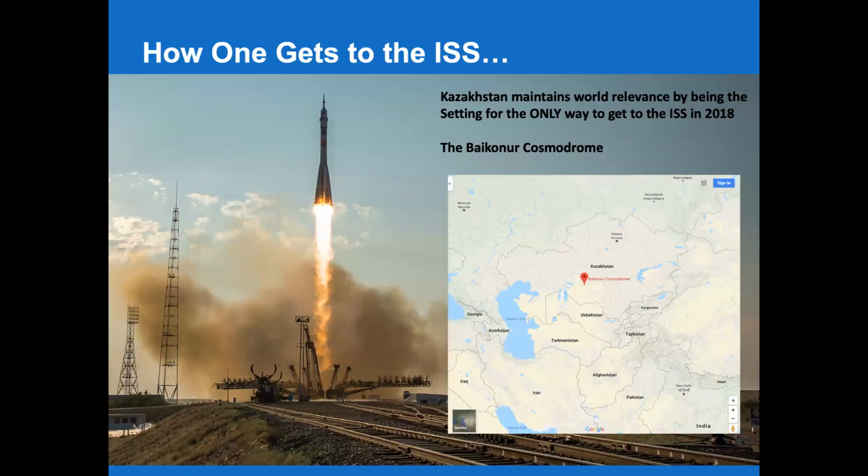Up until the most recent SpaceX launch, which I believe took place in early July, and since the end of the space shuttle in 2011, this was the only way to get to the ISS.